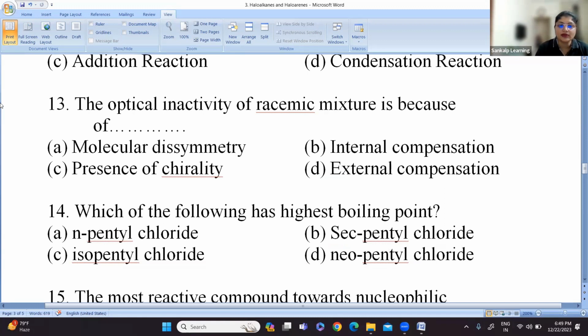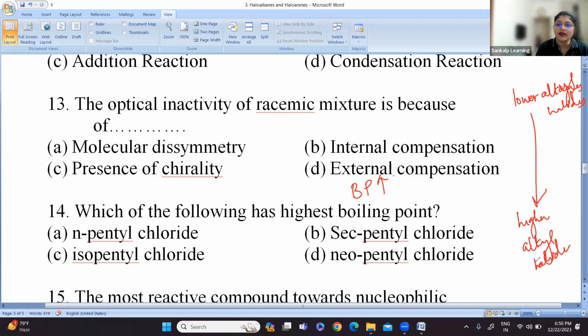How does the boiling point increase? Remember, as you move from lower alkyl halides to higher alkyl halides, the molecular mass increases. So as the molecular mass increases, the boiling point also increases.